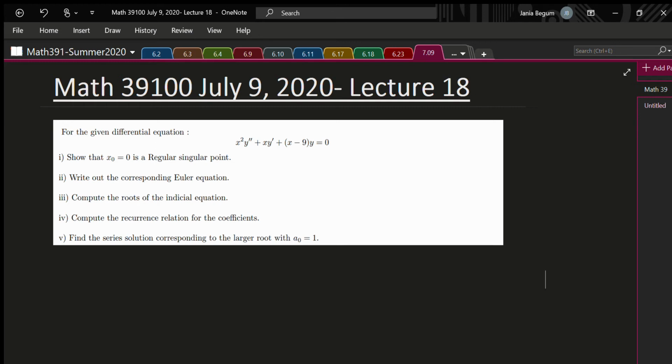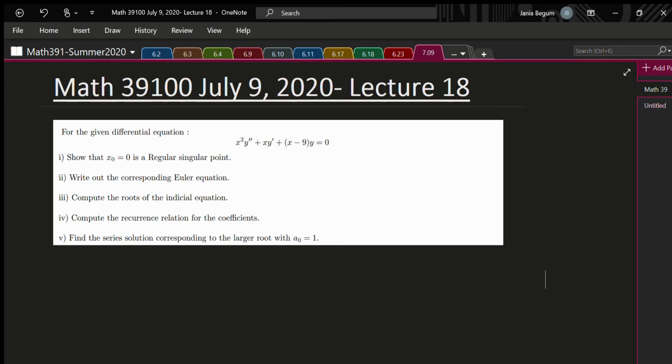That gives you a hint that our series solution for the last part is going to be the summation a_n x to the n plus r, which is different from a series solution near ordinary points. So make sure you note those two differences. Having said that, let's do the first part.